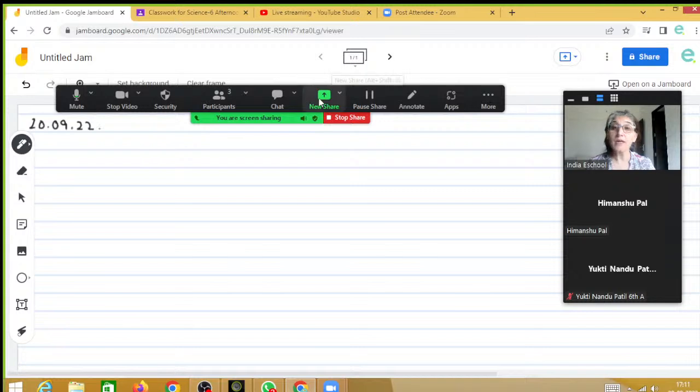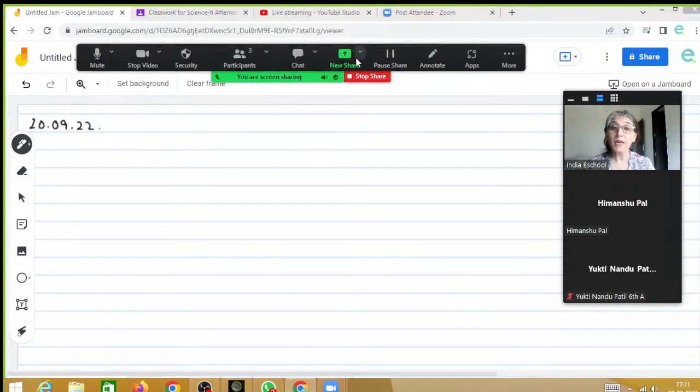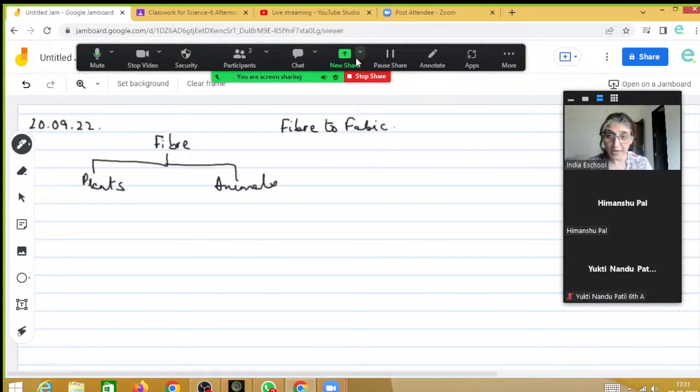We are doing fiber to fabric, and we said fibers come from plants and animals. And which are the fibers which come from plants?